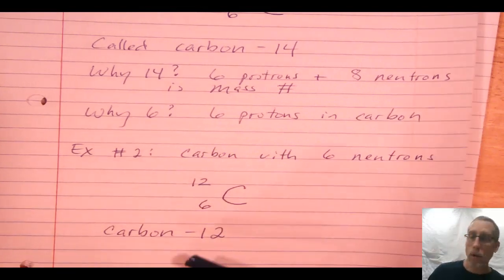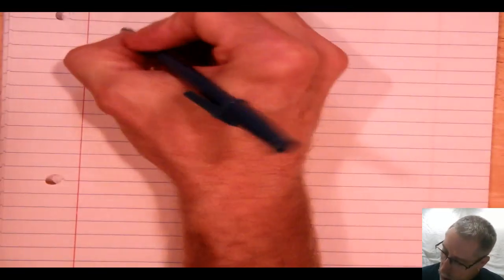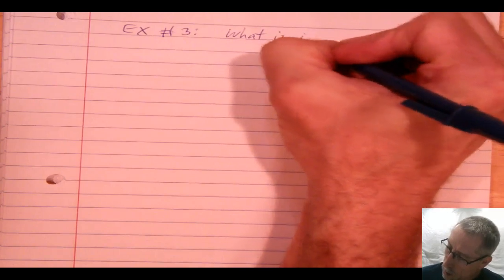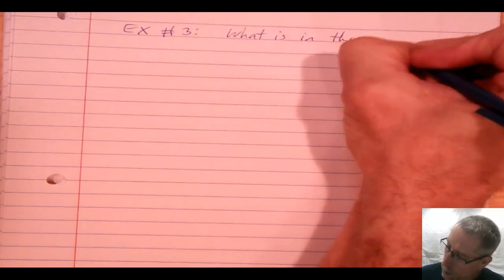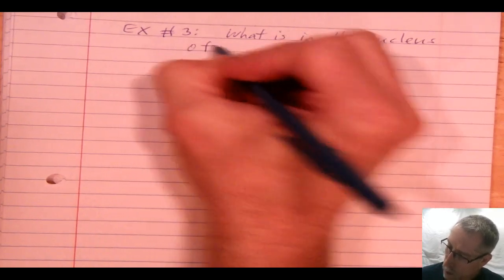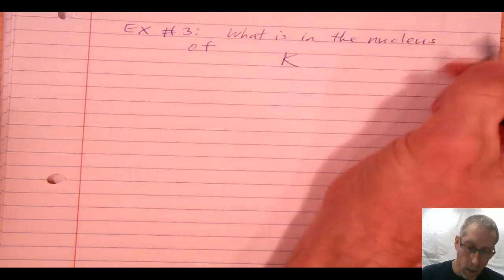So let's kind of twist it around a little bit for our third example. For example number 3, we'll say, what is in the nucleus of, and then here's a symbol.